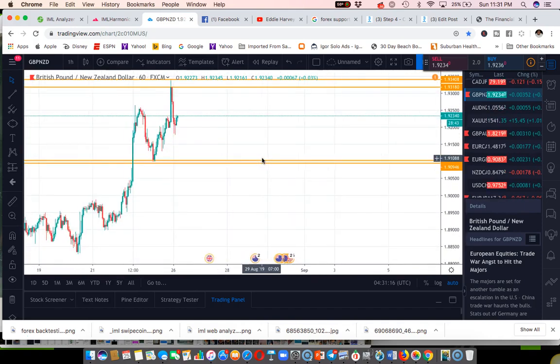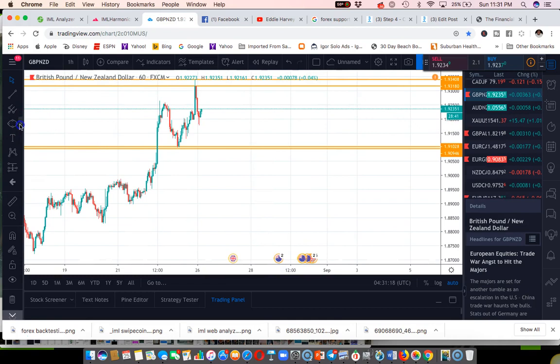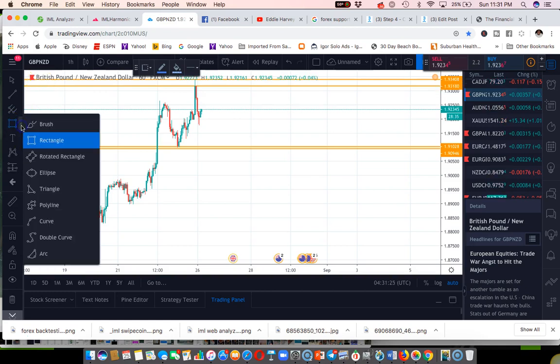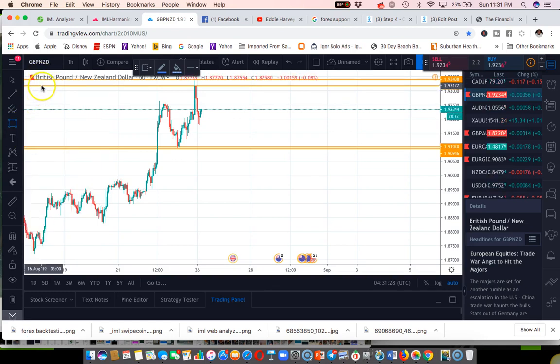I like it. So now what I'm going to do, and this is just what I do, I drew the two lines to make a box. I'm now going to color in that box. So I'm doing this here.